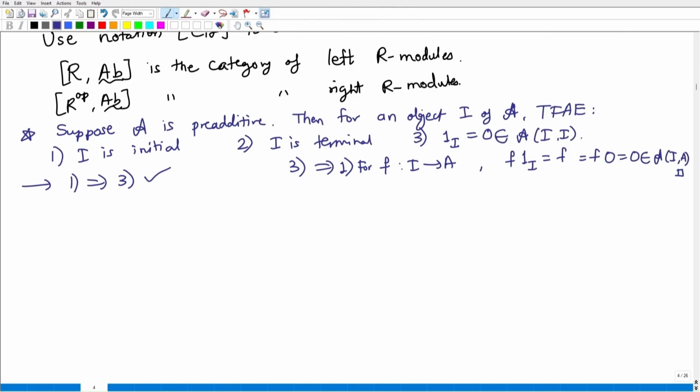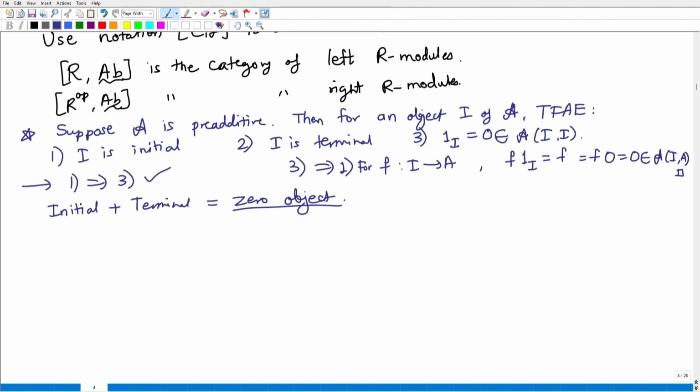Okay, so because these are equivalent, what did we show? That a pre-additive category or a pointed category has an initial object if and only if it has a terminal object. So initial plus terminal is called the 0 object. This is the definition. A category has a 0 object if it is both initial and terminal.